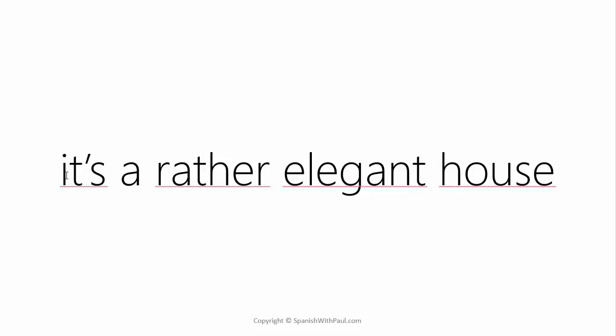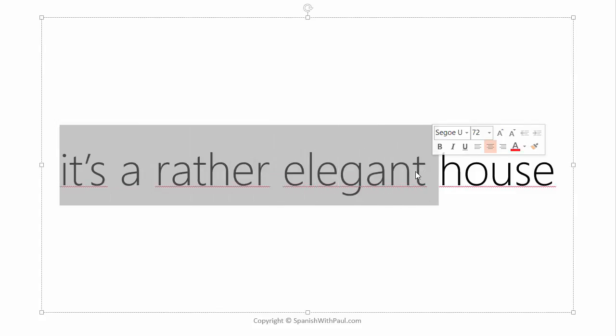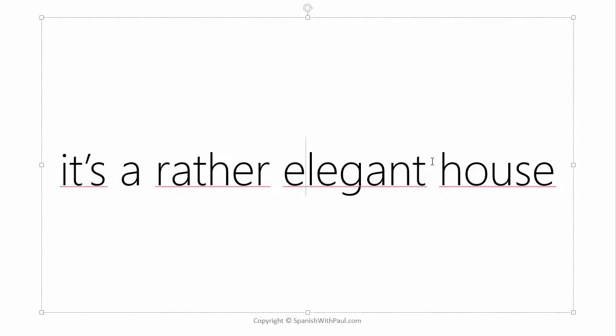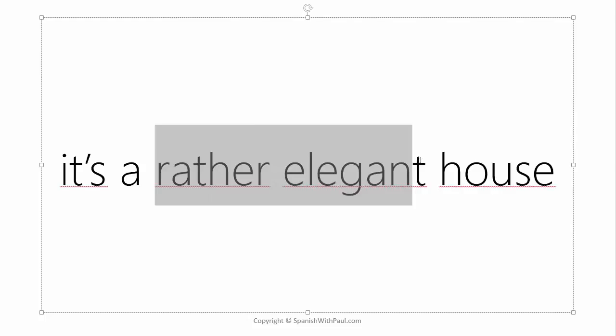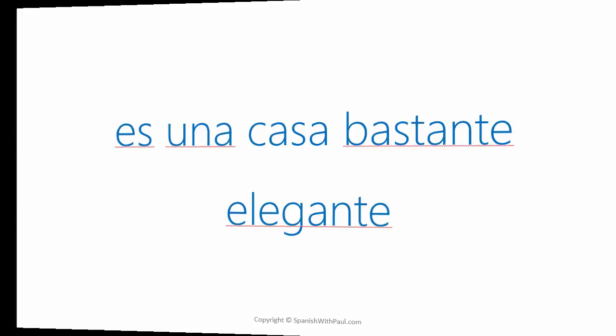Always remember, unlike English where we have, it's a rather elegant what, right? We haven't said what it is yet. We have to wait until the end to know what it is. In Spanish, it's the opposite. You would say, it's a house. That's what it is. And then we describe it, rather elegant. Es una casa bastante elegante.